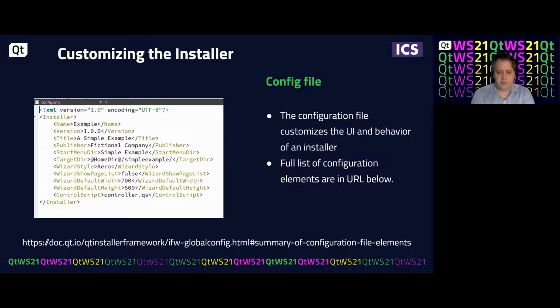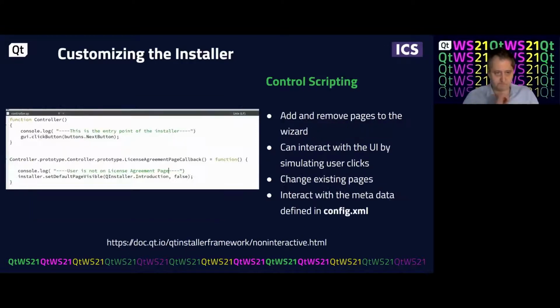There are a few styles to choose from. They are the same styles that you know of for people who use QWizard in C++. You can have a default width, a default height, the name of the installer, the title. All of these things give a general feel of what your installer is going to look like, and it will put the appropriate metadata on the appropriate pages in the appropriate place.